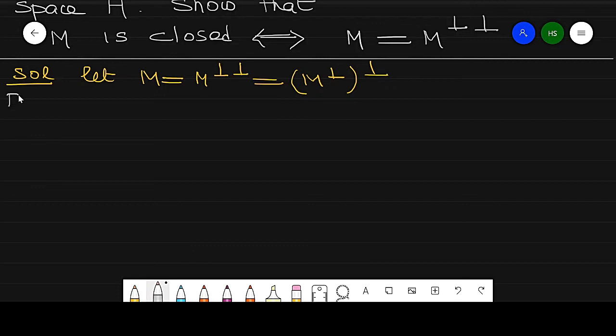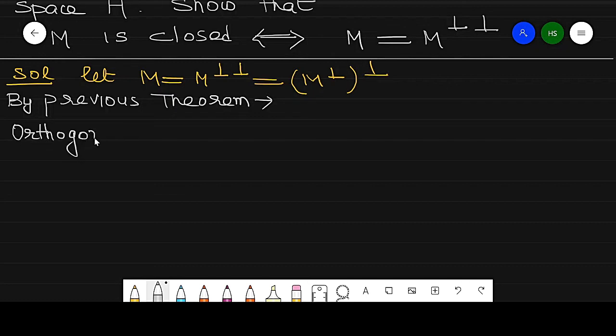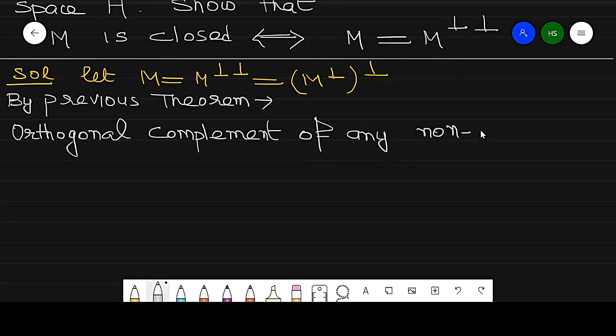So by the previous theorem, we proved that the orthogonal complement of any non-empty set is closed.